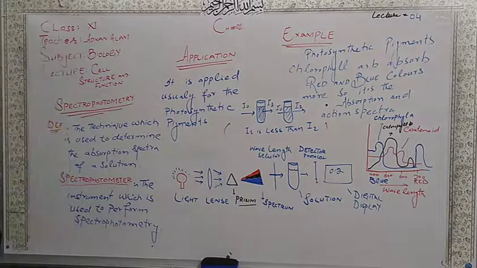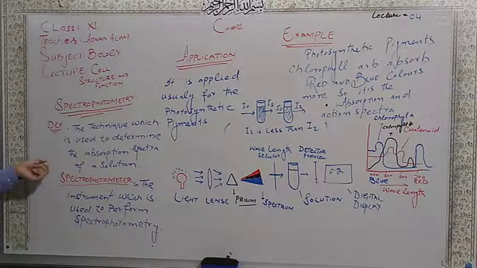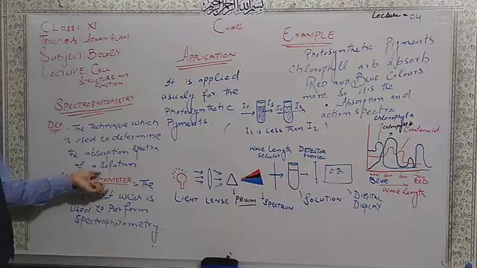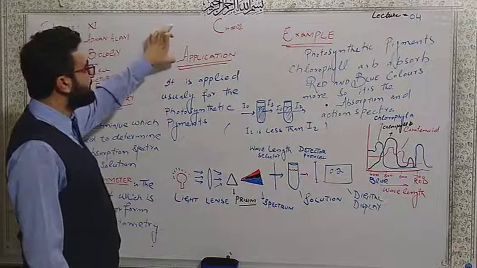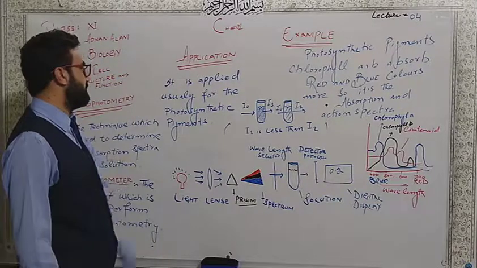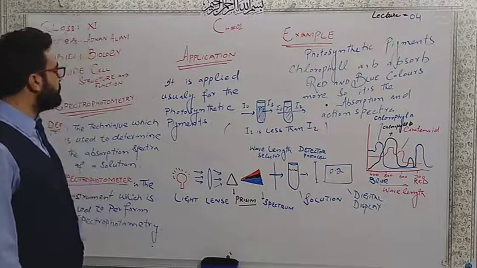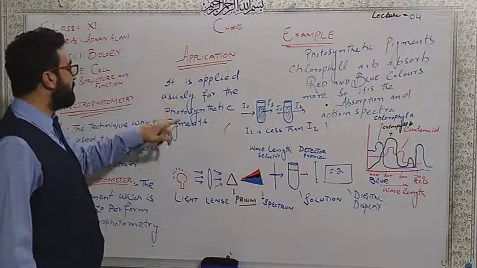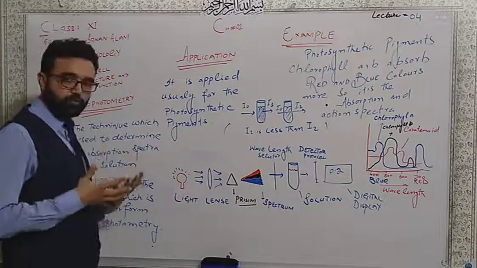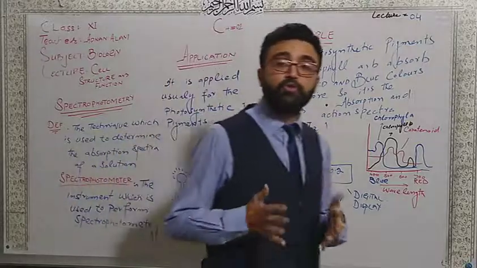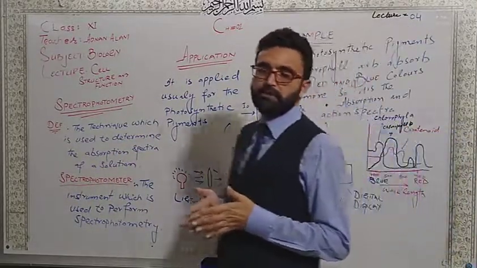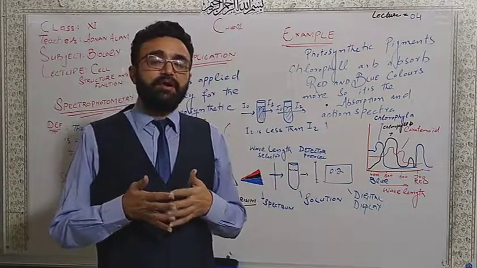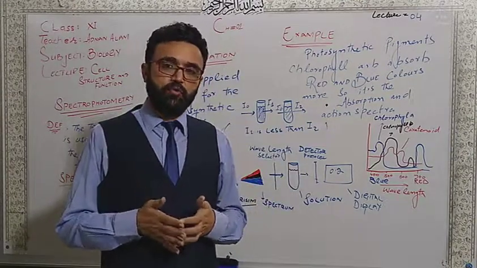Now, the instrument which is used to perform spectrophotometry is called a spectrophotometer. Now, where is this technique applied? My dear students, it is applied usually for photosynthetic pigments. What are photosynthetic pigments? They are those pigments which perform the function of photosynthesis.